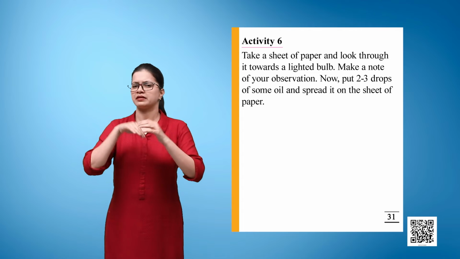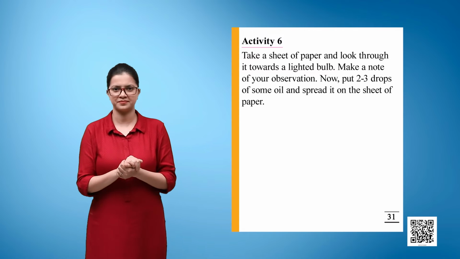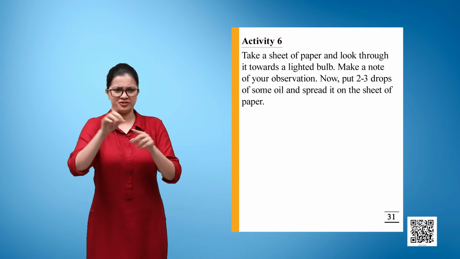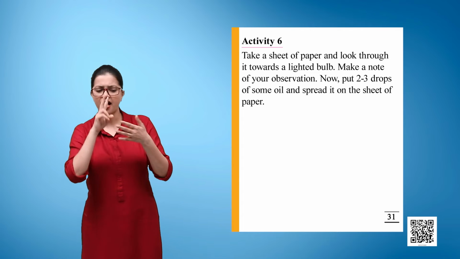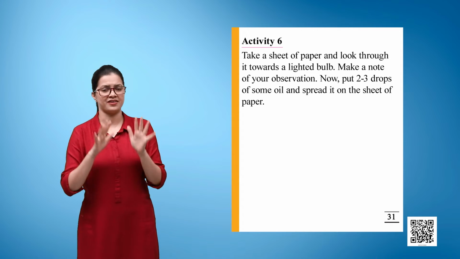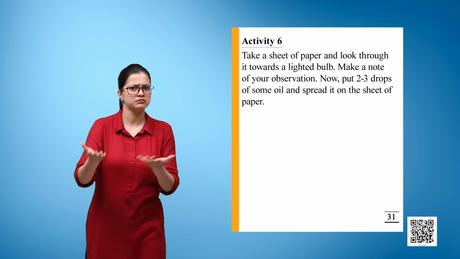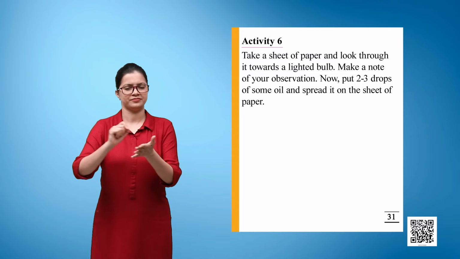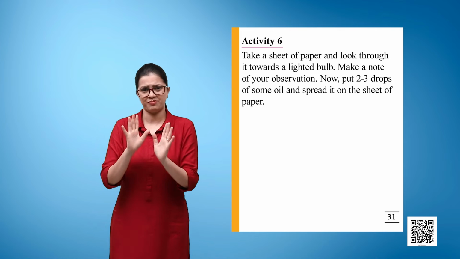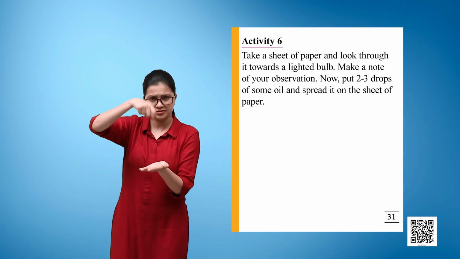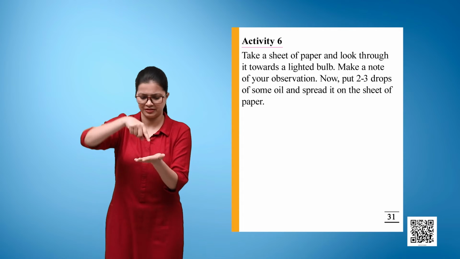Activity 6. Take a sheet of paper and look through it towards a lighted bulb. Make a note of your observation. Now put 2-3 drops of some oil and spread it on the sheet of paper.